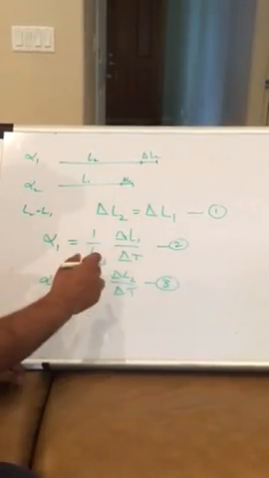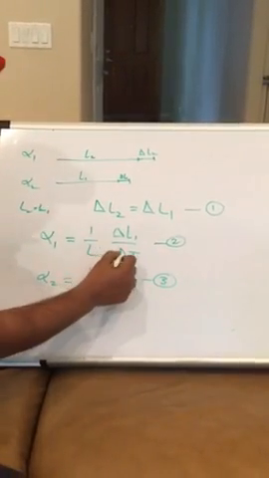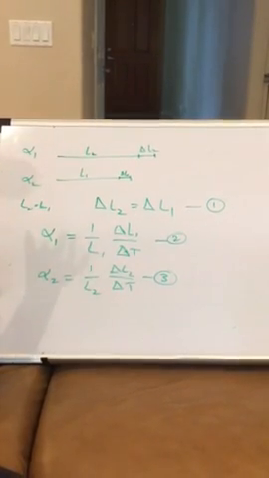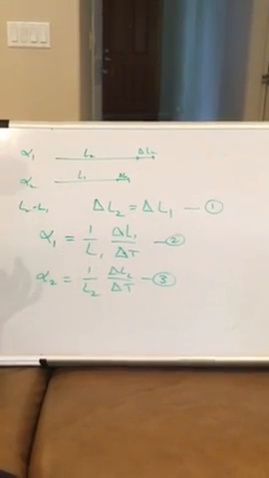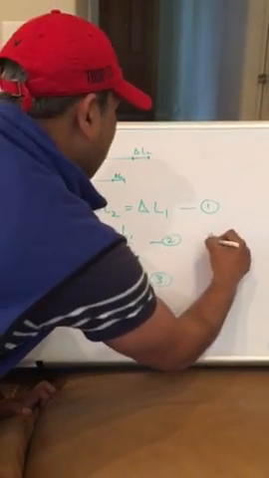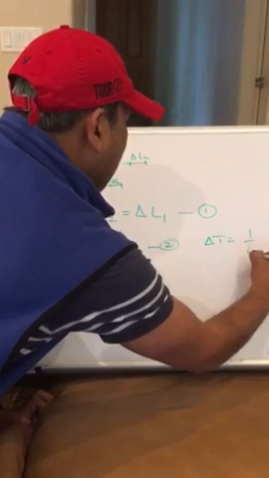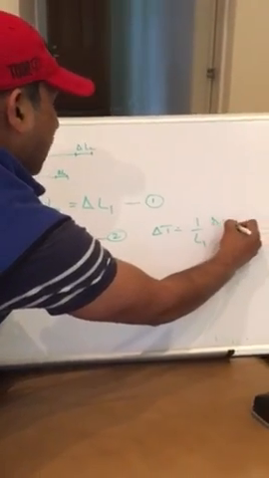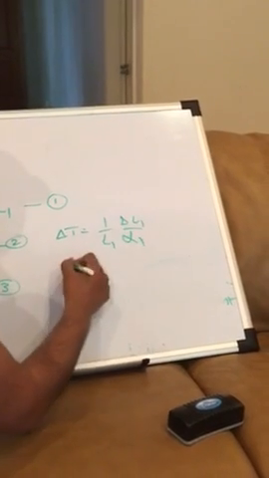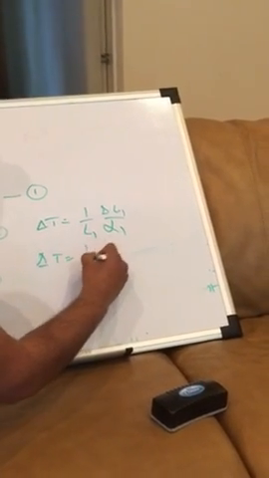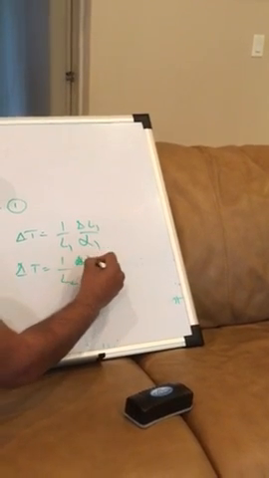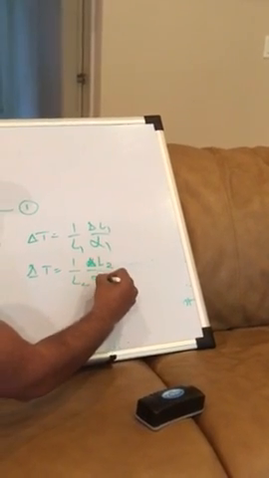Let's switch this around and find out. We know that delta T is constant, right? We are heating both the rods the same amount of time, or we are maintaining the same temperature difference, which means these delta T's are equal. So let's bring those delta T's on this side. Delta T is nothing but 1 by L1 times delta L1 divided by alpha 1, and similarly delta T is 1 by L2 times delta L2 divided by alpha 2.